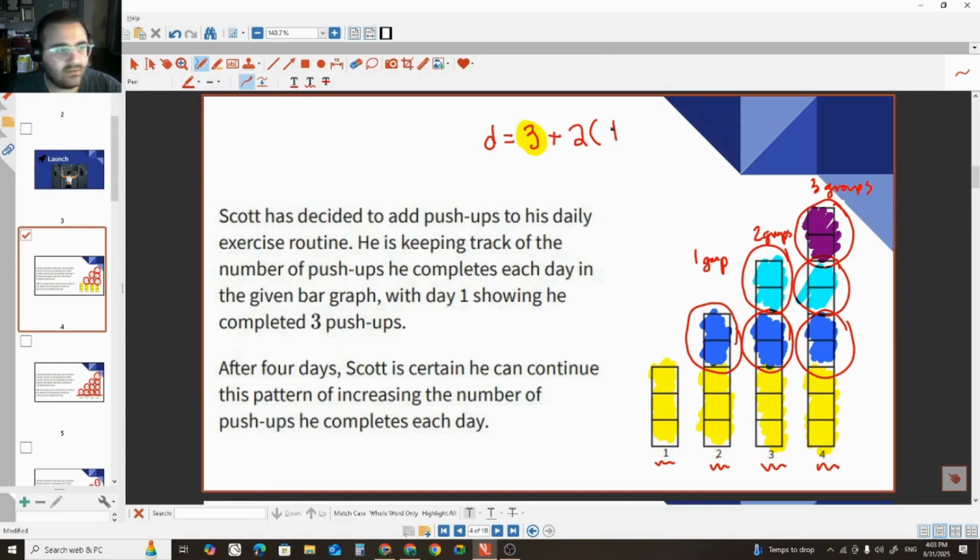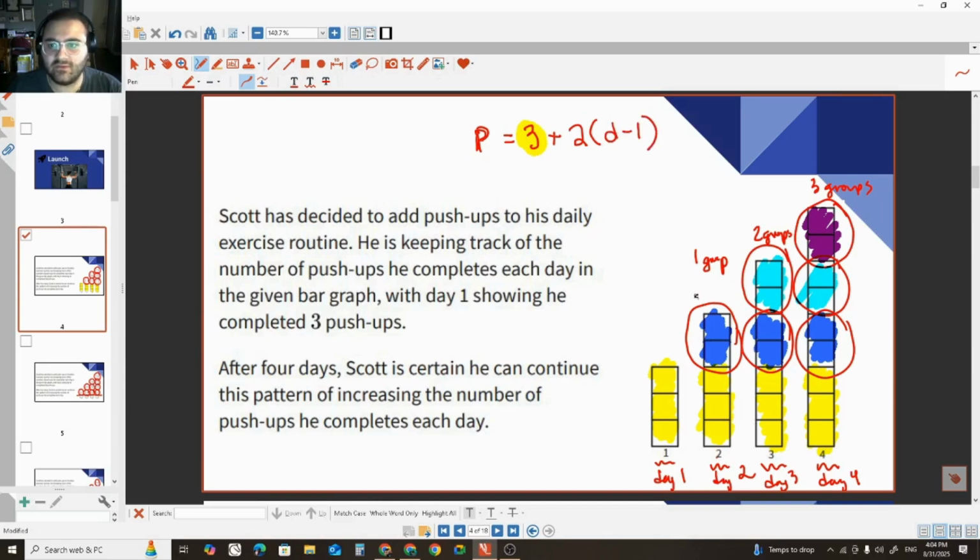Excuse me, I'll say t for the day. I'm gonna actually change this. I'll call this p for push-ups, and I'll use d for day, because this is day 1. This is day 1, day 2, day 3, day 4. Right? So we always have the 3 plus the 2 in each group multiplied by the day minus 1.